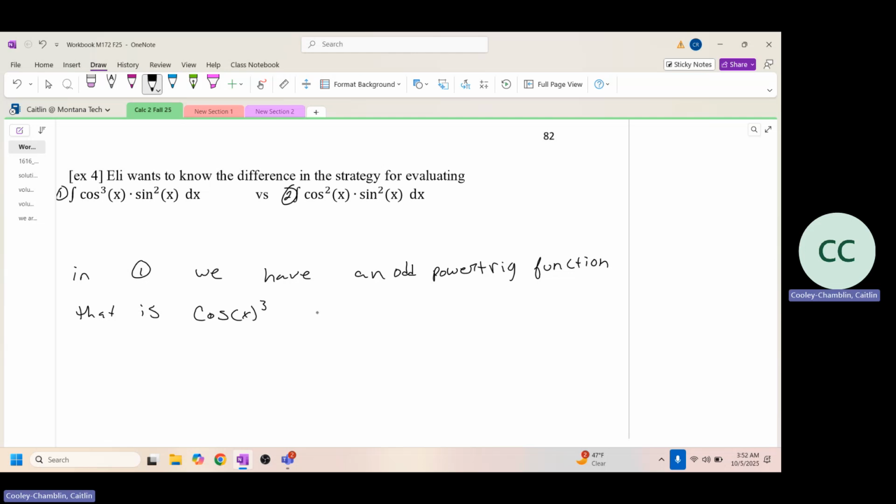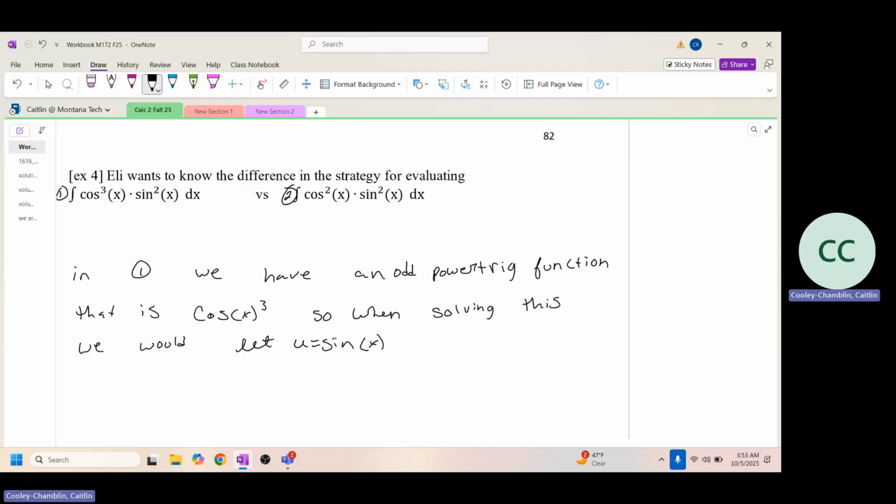So when solving this, we would let sine of x be u. So u would equal sine of x.